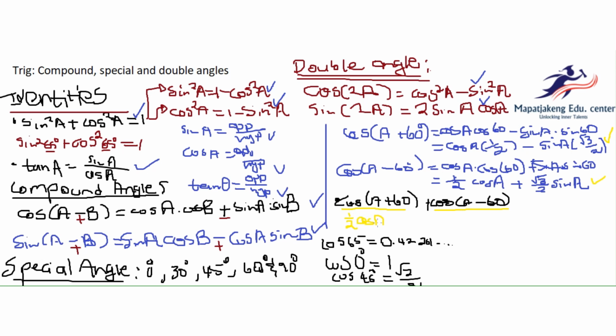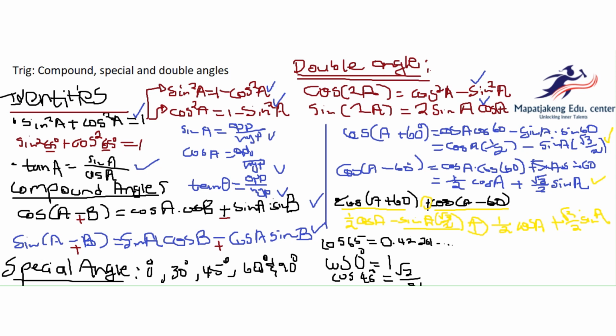cos A, this one minus sine A times square root of 3 over 2, this one plus this plus is this plus, and then cos minus, it comes down here and then it becomes half cos A plus square root of 3 over 2 sine A. Remember, this is a plus, there should be brackets so that this plus multiplies, but in this case it's a plus, it already multiplied.